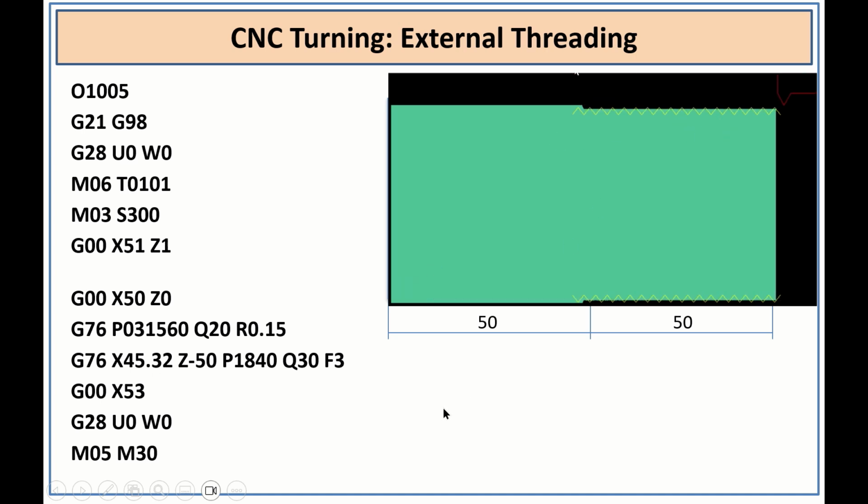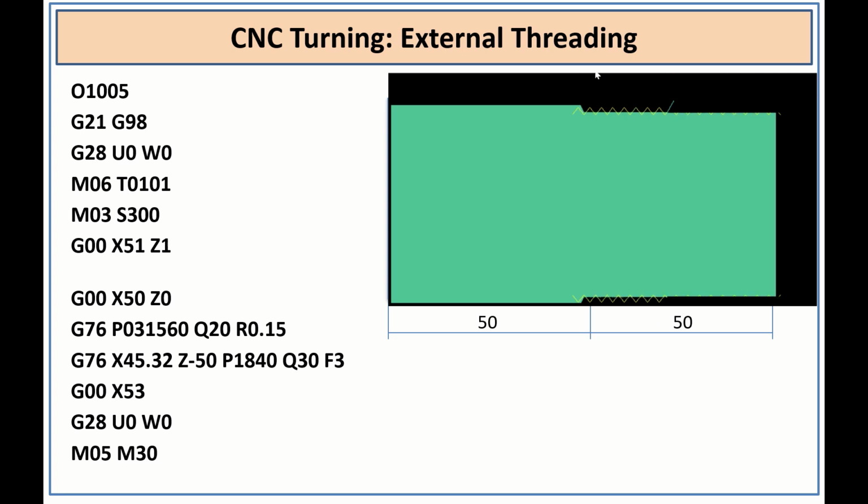If you copy and paste in the software, it will perform this. So this is called external threading operation. The important thing is we need to properly select the thread tool for the threading operation.